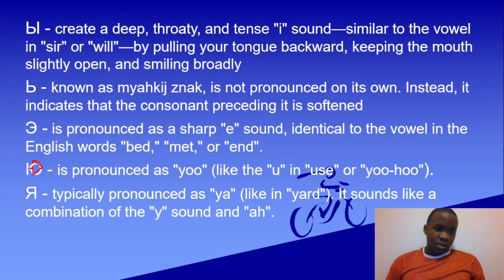The arrow is pointing at you, right? There is a little man. So this letter, every time you see it, is the sound U, like you or use. Yes, so that is you in use or you who.